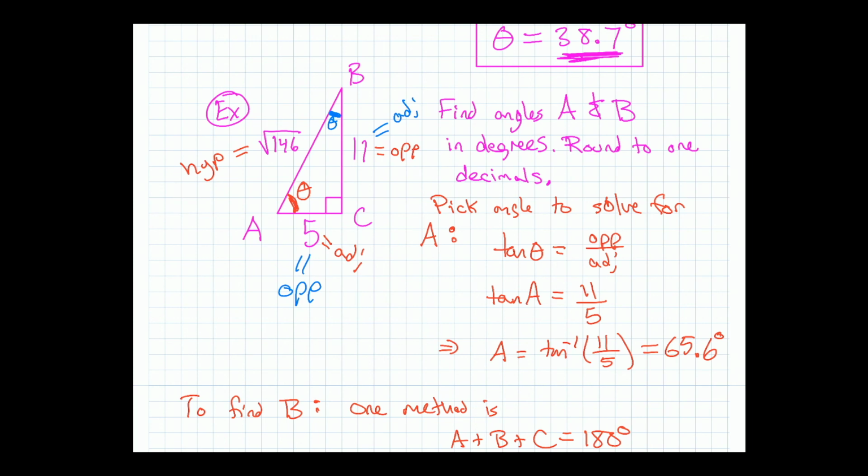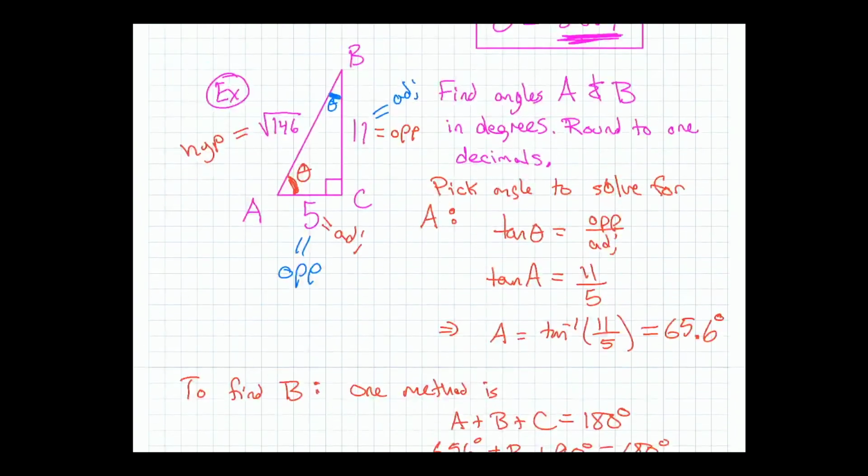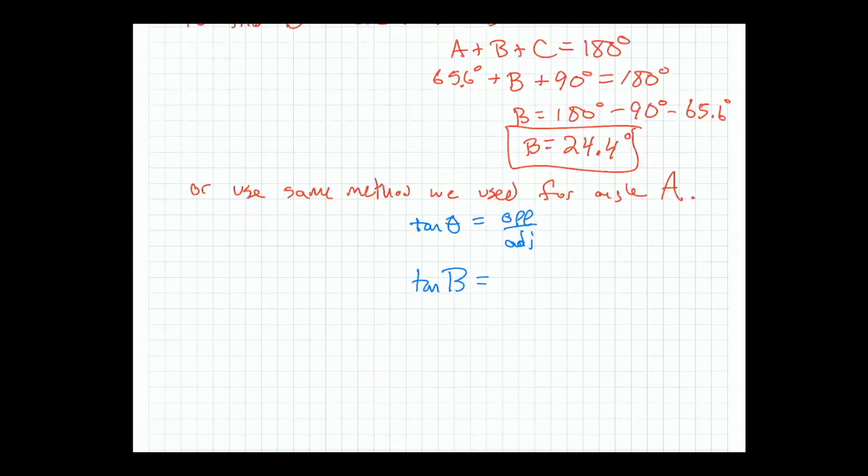So I could still use the tangent. I could say tangent theta is opposite over adjacent. And so tangent B is the opposite side. Opposite side now is 5. Adjacent side is 11. And so B is going to be the tangent inverse of 5 over 11. So we do that on a calculator.